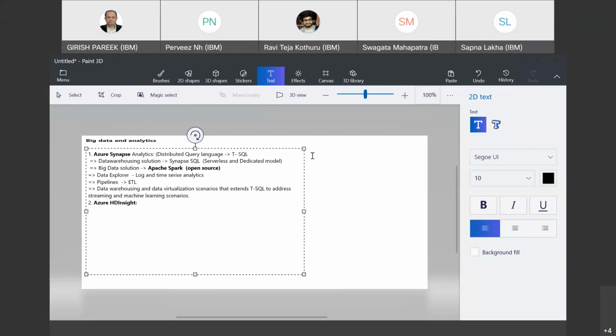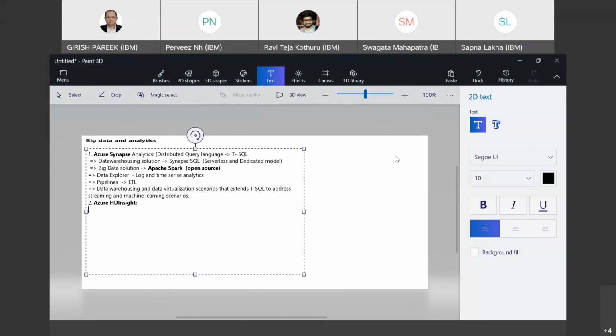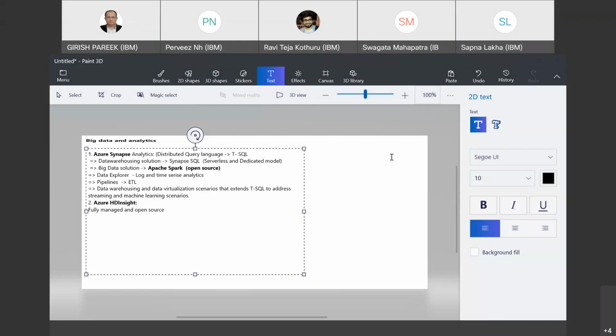When we say fully managed open source, this is a service provided by Microsoft, but still it is fully managed and open source. Azure HDInsight is a cloud-based service which helps you to do a lot of things.